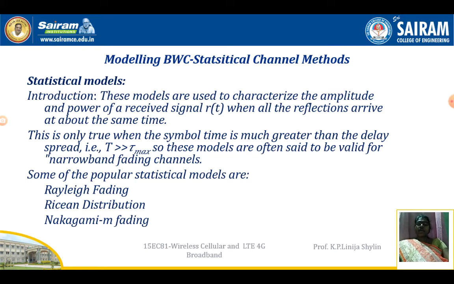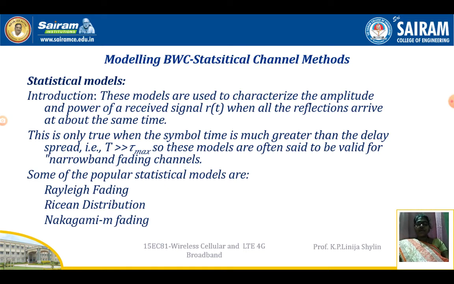This statistical model is going to characterize the signal into two categories: one is the amplitude of the signal and another is the power of the received signal. The received signal is represented by R of t. These two categories are taken into account when all the reflections arrive at about the same time.